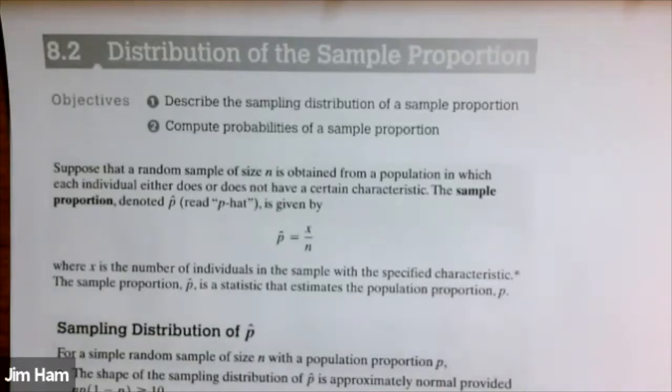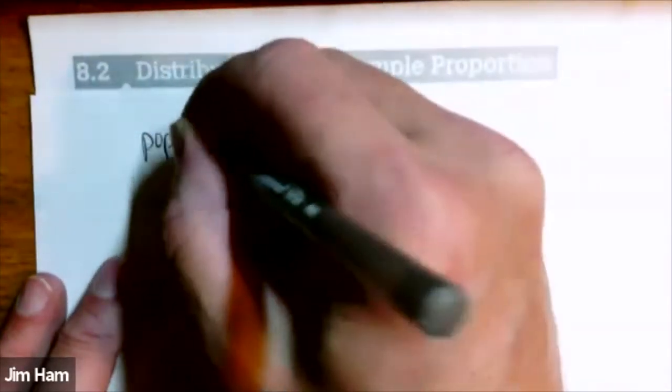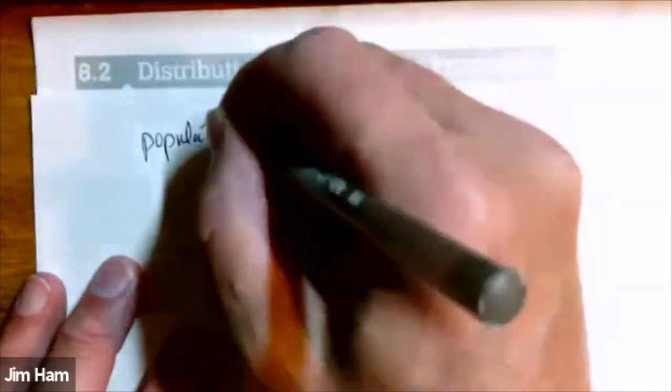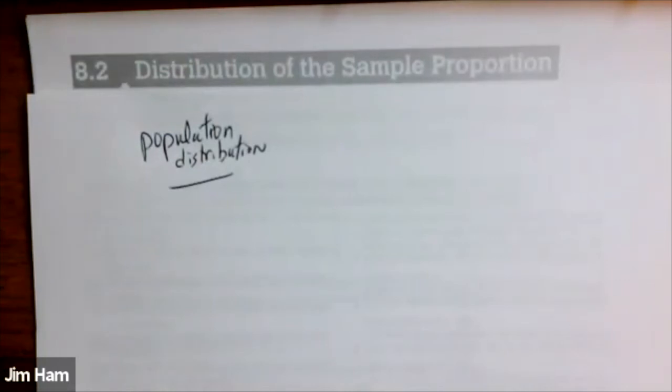Now this one is different, but I will go on to say that we still have the 3 different distributions: a population distribution. And what's interesting here is that for a proportion, we're really working with qualitative data, not numbers, not numerical data, qualitative data.